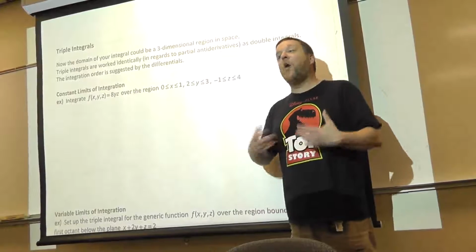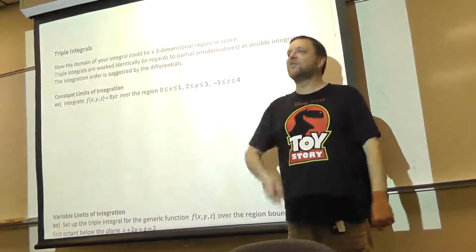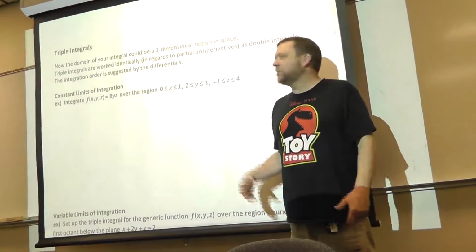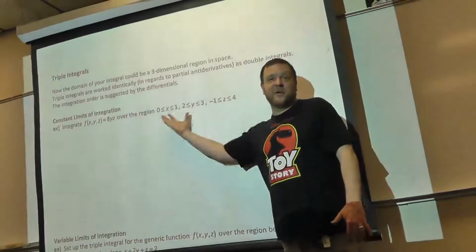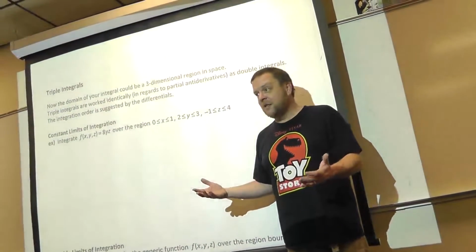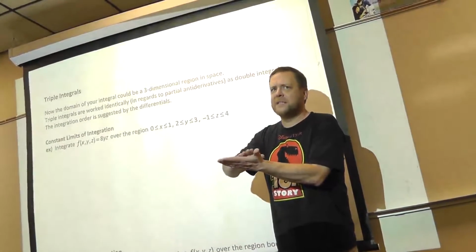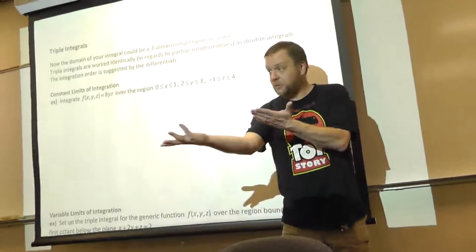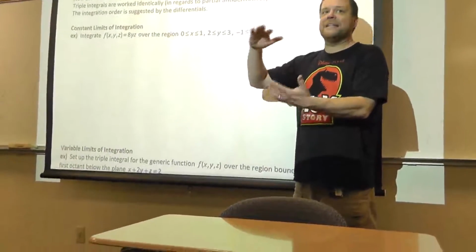In most cases, my mindset is to do the z direction first. Because when you're given a description of the region, sometimes it's described with prepositions. Like, your region goes from the xy plane, and the xy plane is z equals 0, and then is bounded above by the plane z equals this.